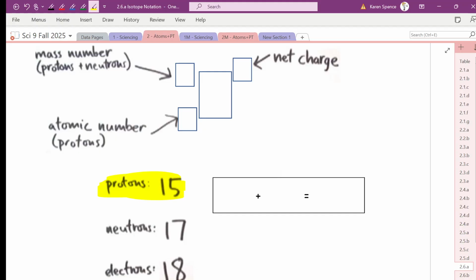So the thing is phosphorus. Figuring that out. Okay, and then it's negative something. It's negative, because it gains more electrons.